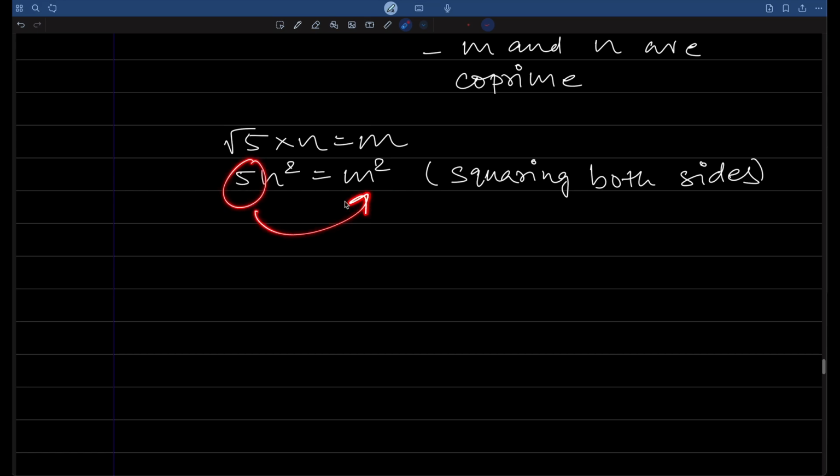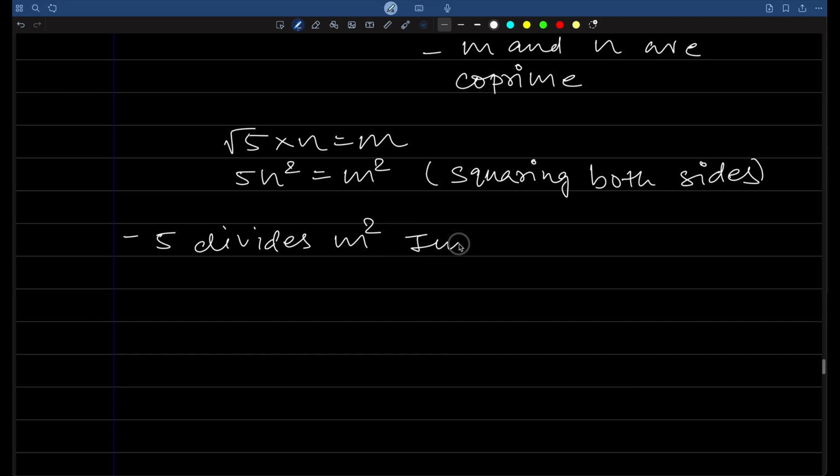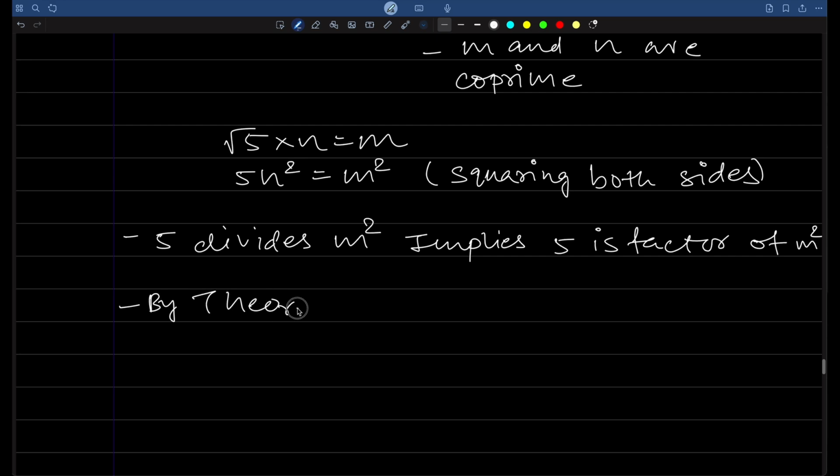But if we see here, 5 divides m square, so 5 is a factor of m square, and by theorem we can say 5 is also a factor of m.